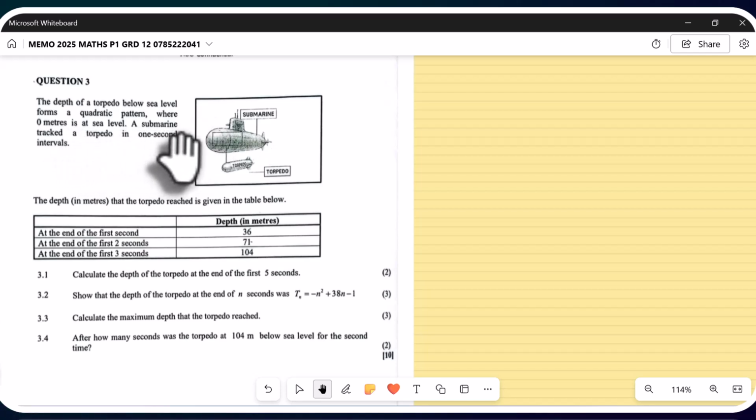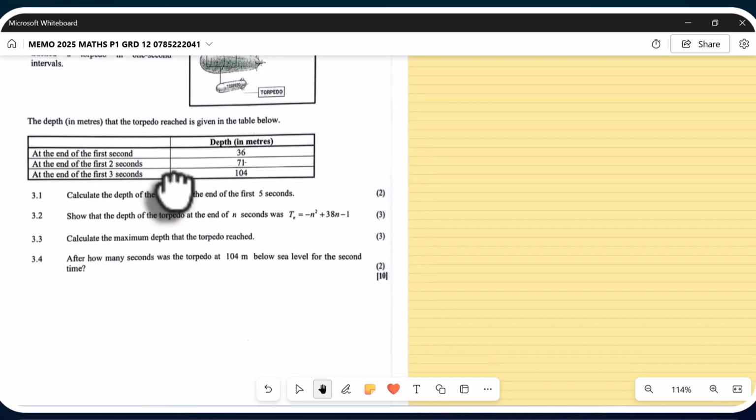A submarine tracked a torpedo in 1 second intervals, which means every after 1 second, it's tracking another torpedo. They say that the depth in meters that the torpedo reached is given in the table below.